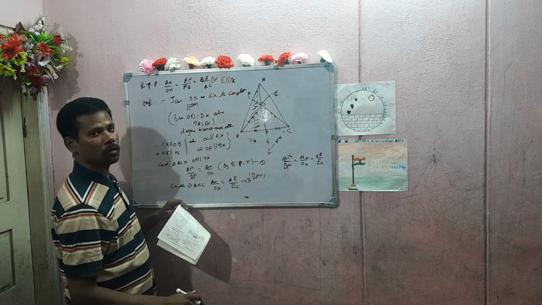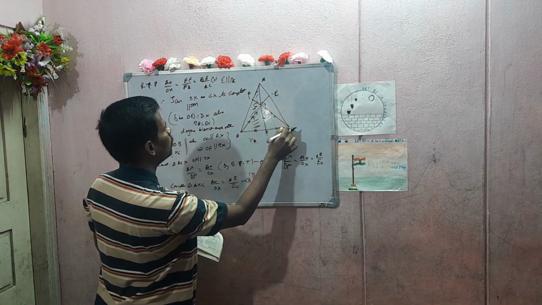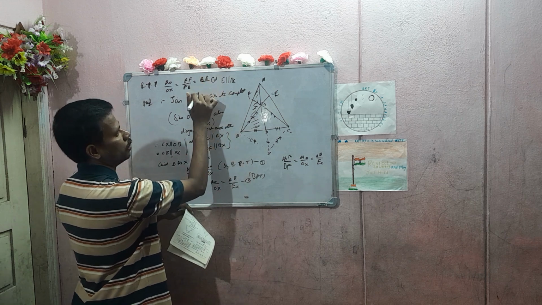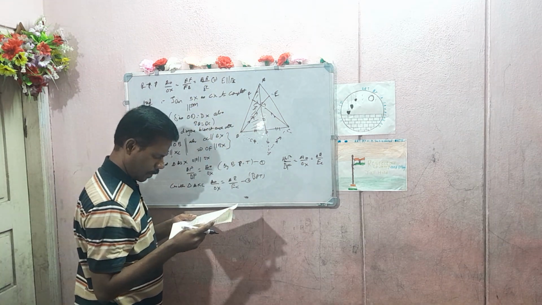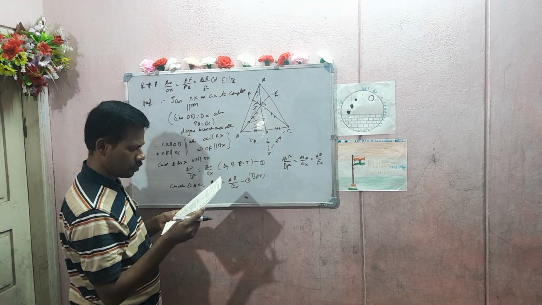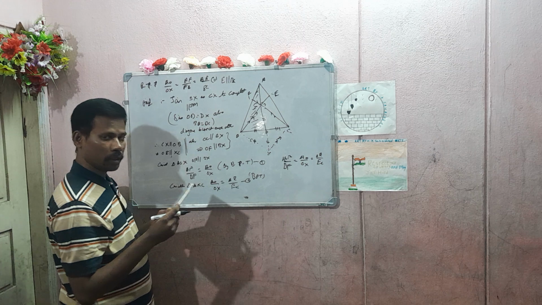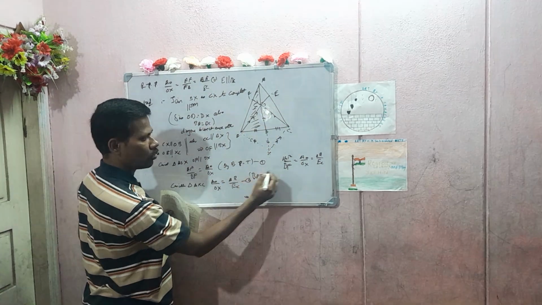Therefore, AF by BF is equal to AE by EC, which is required to prove. Next, from 1 and 2, this is over.